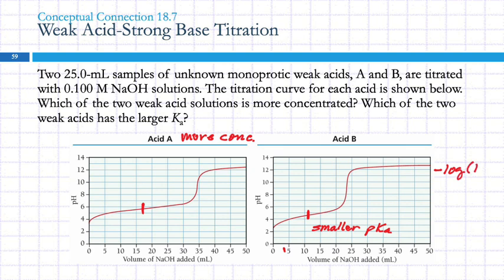So let's try the negative log of 1 and the negative log of 0.1. So the negative log of 1, that's 0. The negative log of 0.1 is 1.